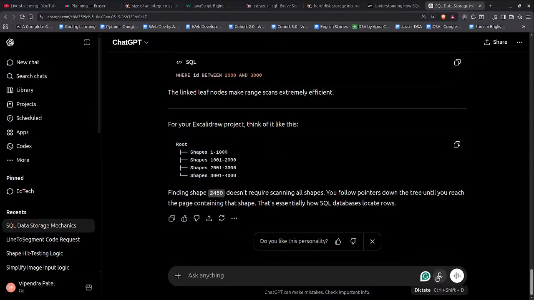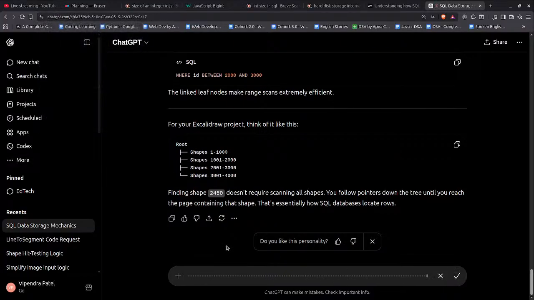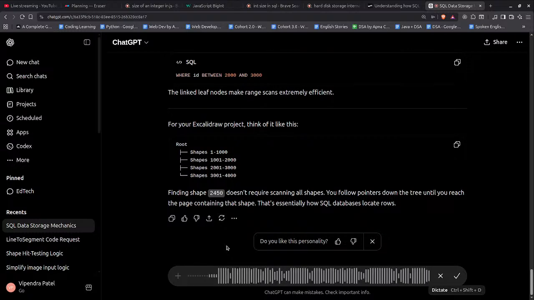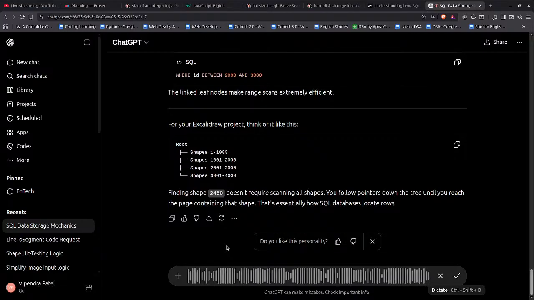Okay, that's crazy. The thing is that by default in SQL Server the size of a page is 8 KB, and you are saying that the leaves ultimately store the data rows. First of all, the way the ID range has been defined over here, one page will have the range between 1 to 1000, something like that, right?